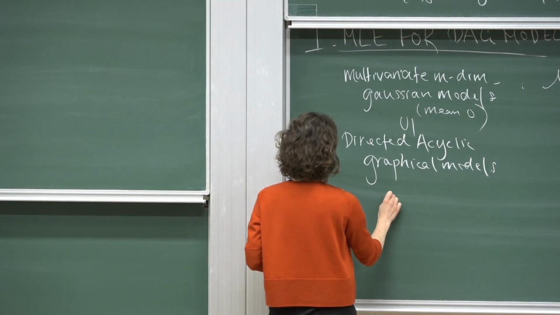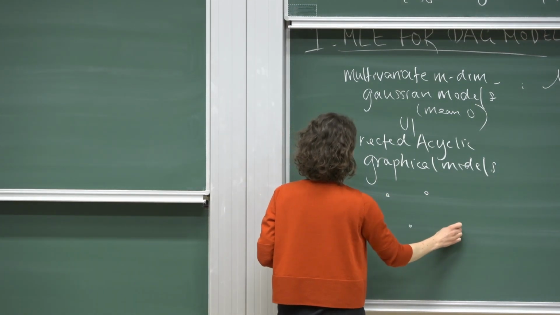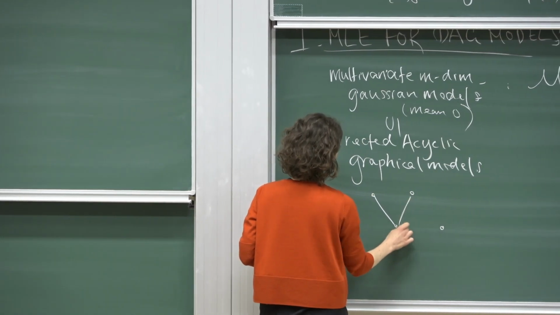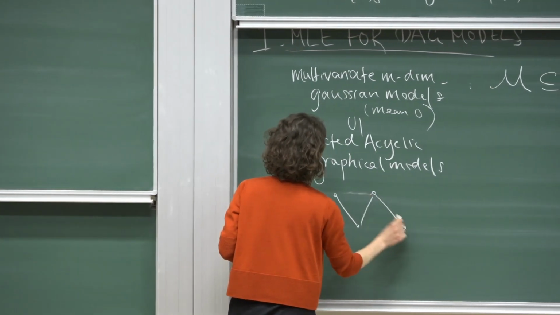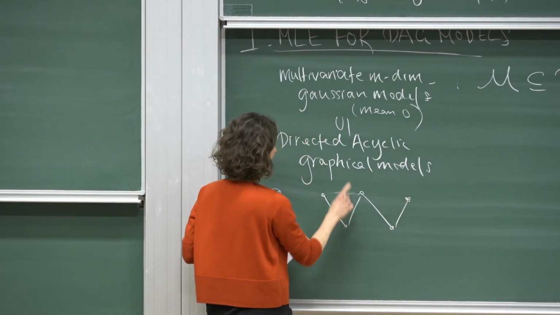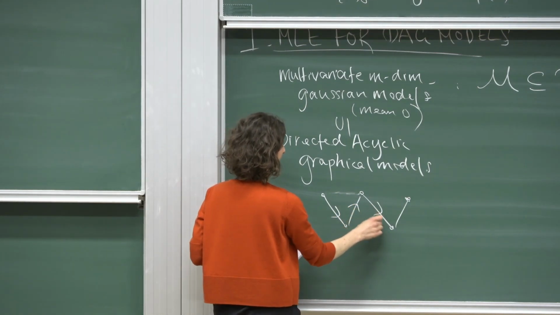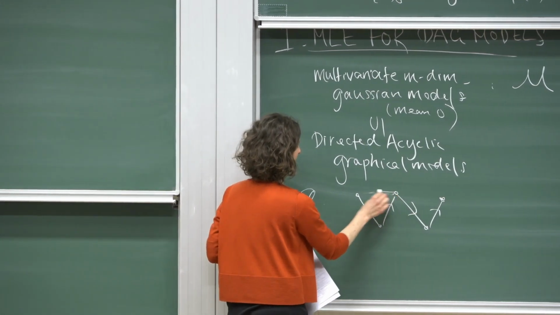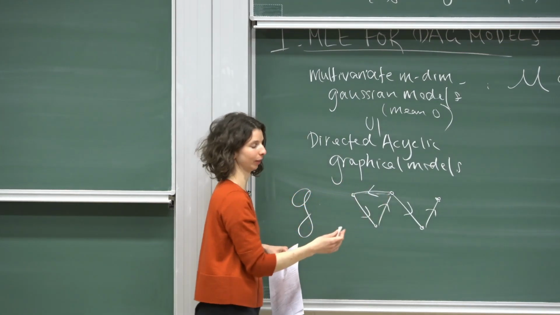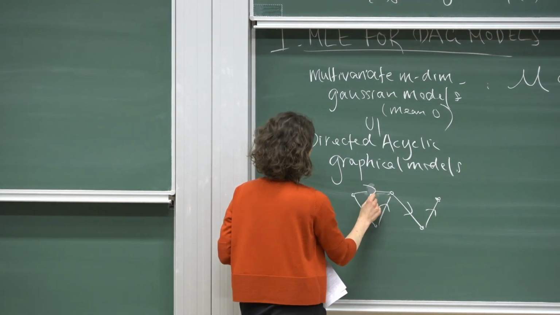So we have our graph G with our vertices and edges between them. And directed just means that the edges have directions. And acyclic just means that we can't have a cycle in there.